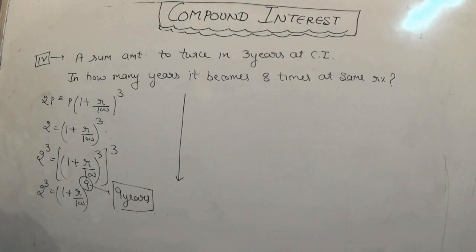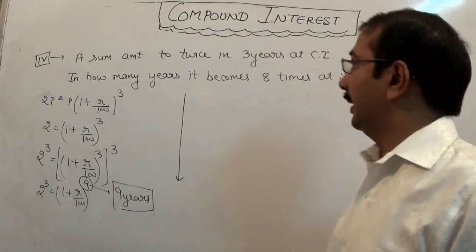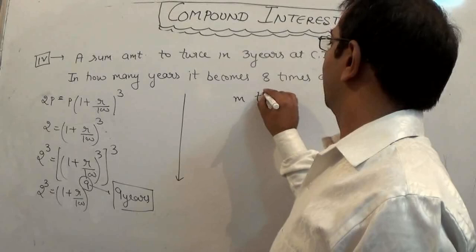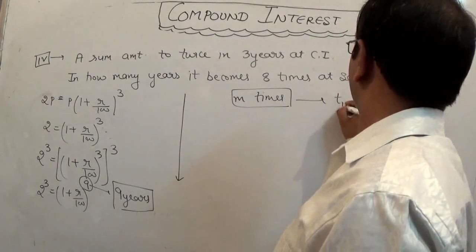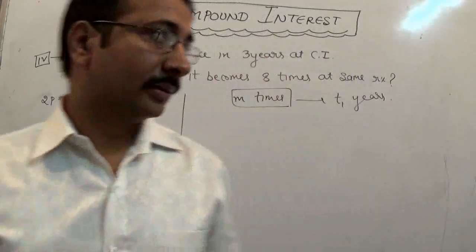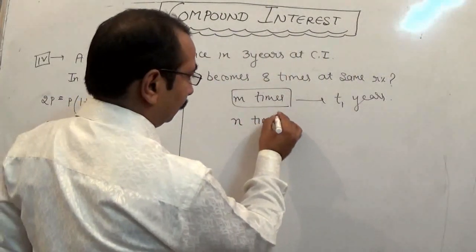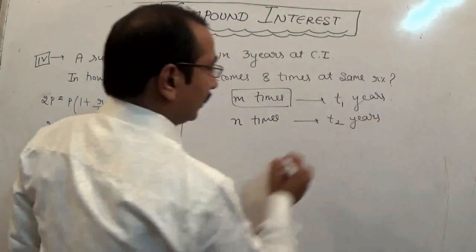Now we can have one shortcut method for this. Suppose it is given that a sum becomes m times in t1 years at compound interest, and it becomes n times in t2 years at compound interest.